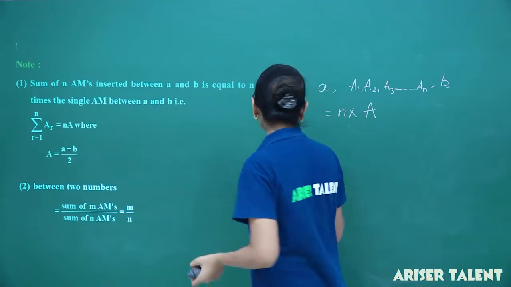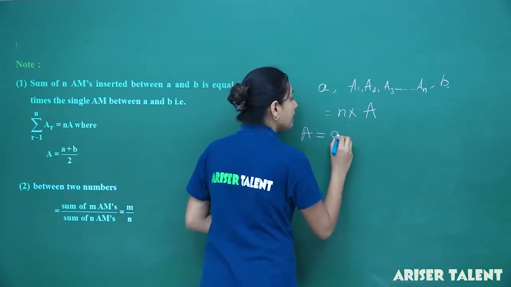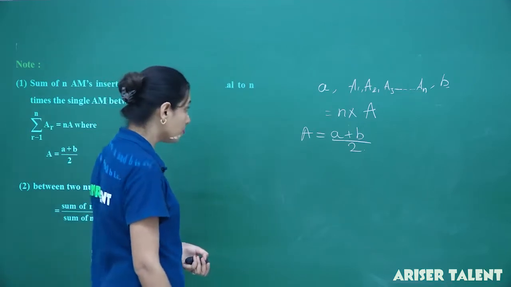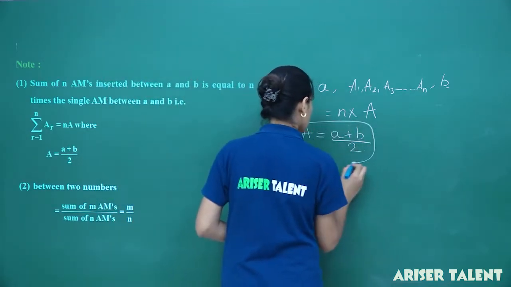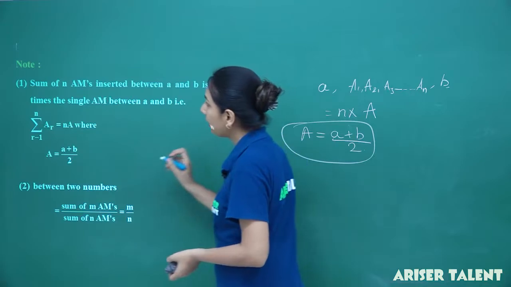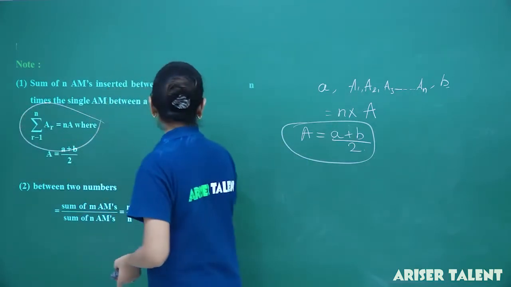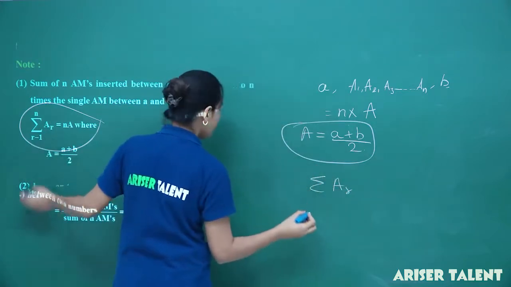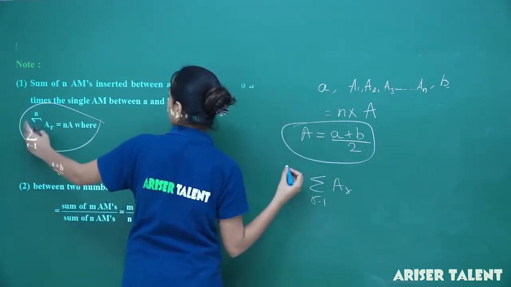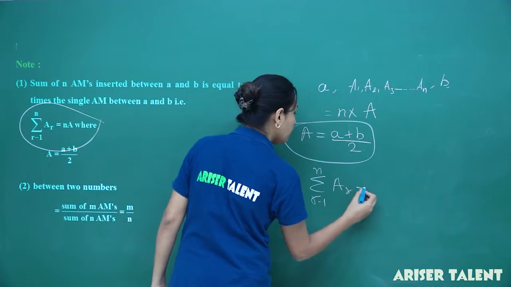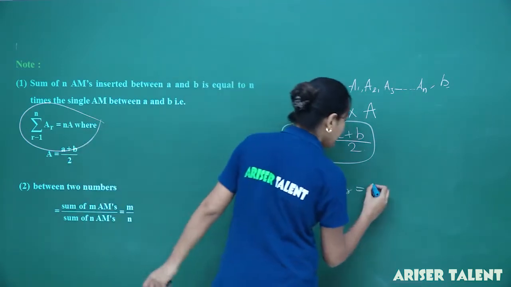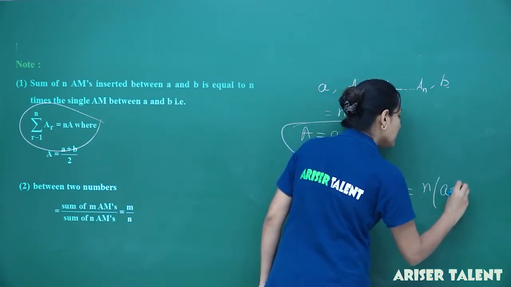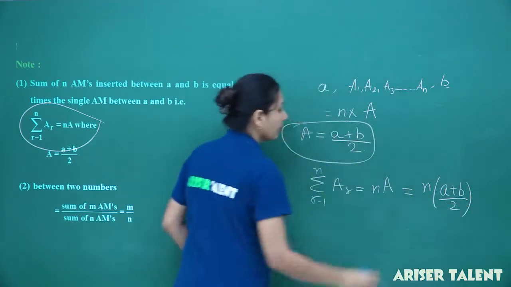Now the value of A is (A plus B) by 2. So it's saying that summation of A_r, where r from 1 to n, equals to nA, or n times (A plus B) by 2.